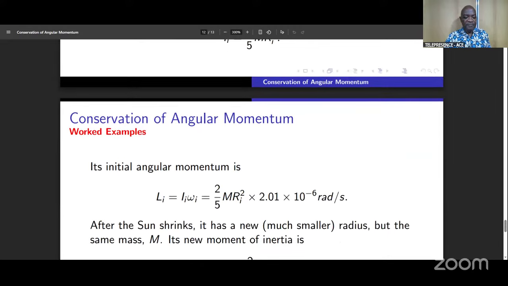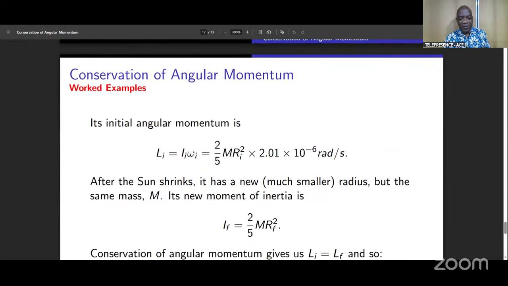So the initial angular momentum is therefore Li equals I omega i. Putting in the values, we have this. We deliberately leave the m and ri there as is, because when we are doing the final, the m will still be there and also the 2/5.